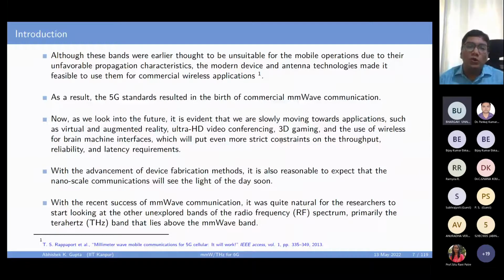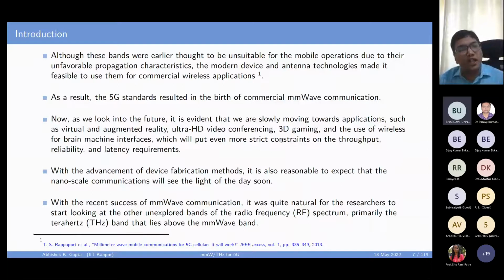We also raise a different field, which we know as nanoscale communication. Nano is a very small length, and nano devices, when deployed, may need to communicate with each other.